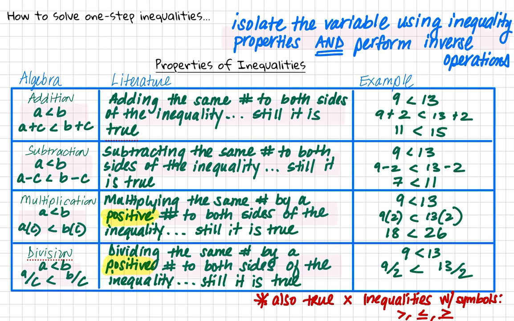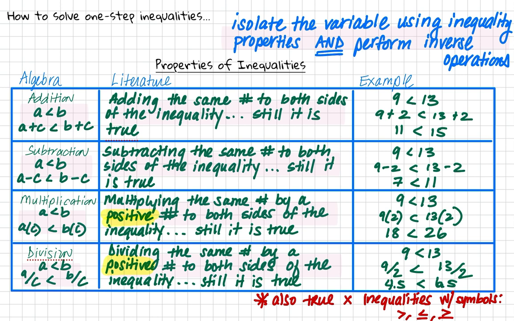For the example here where we have 9 is less than 13, if we divide both sides by 2, 9 divided by 2 is 4.5, and then 13 divided by 2 is 6.5. 4.5 is going to be less than 6.5.